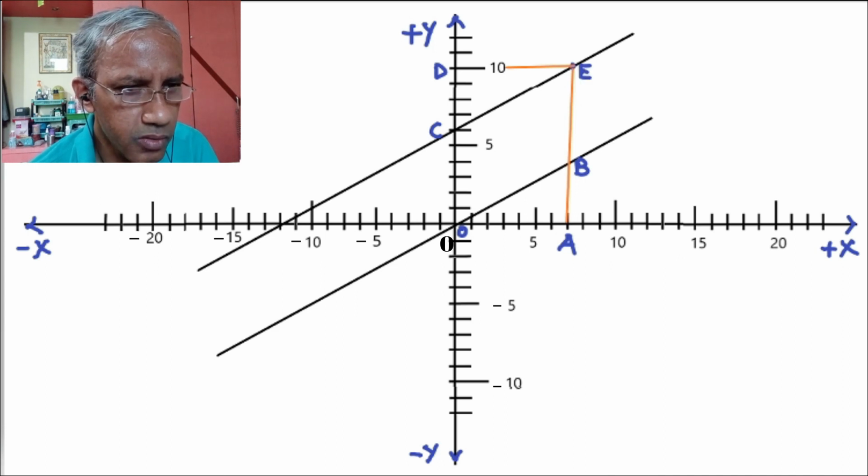And the point where the vertical line from A touches the arbitrary line is E.